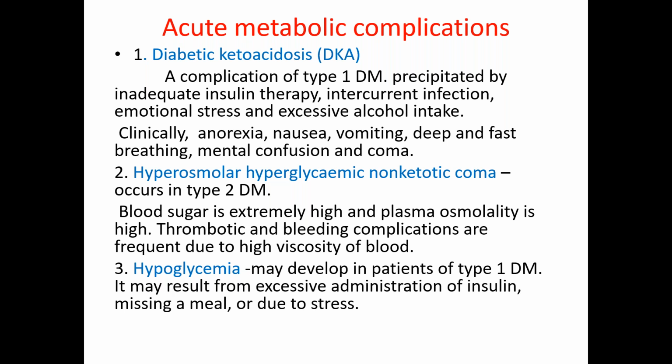Diabetic ketoacidosis is a complication most commonly occurring in type 1 diabetes. It is precipitated by inadequate insulin therapy, severe hyperglycemia, and intercurrent infection. It is also precipitated by emotional stress and excessive alcohol intake. Clinically, the patient develops anorexia, nausea, vomiting, deep and fast breathing, that is called Kussmaul's breathing, and mental confusion and coma.